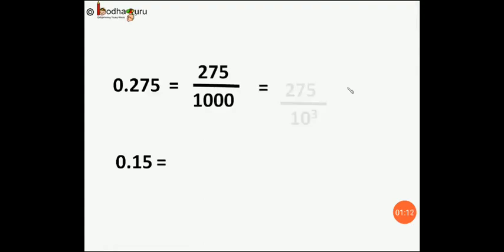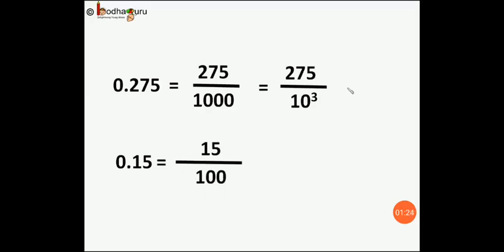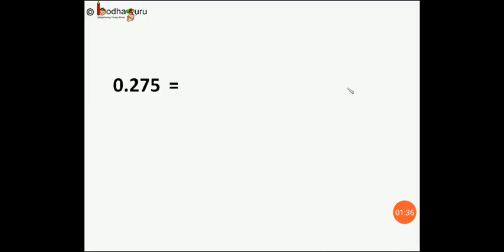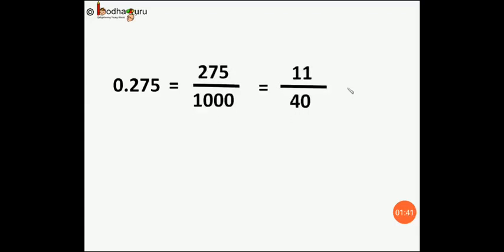Okay, let's move to these examples. 275 by 1000 is 0.275. The decimal expansion can be written in the form of 275 by 10 cube. Similarly, 0.15 can be written as 15 by 10 square. Further, their denominators in terms of prime numbers can be written as follows by converting them into the standard form.